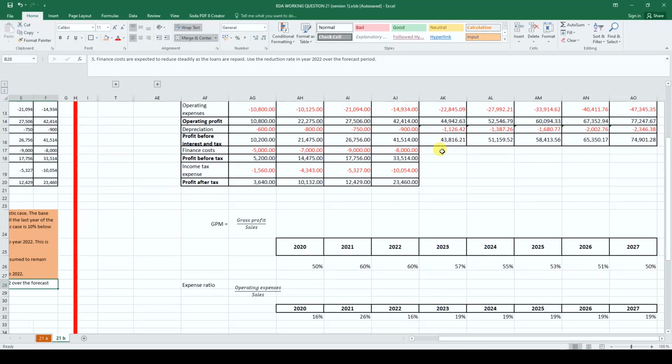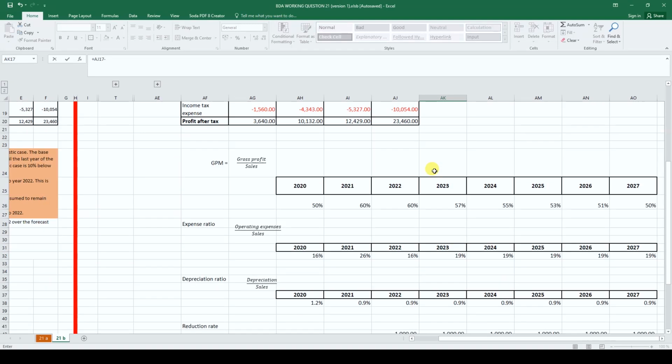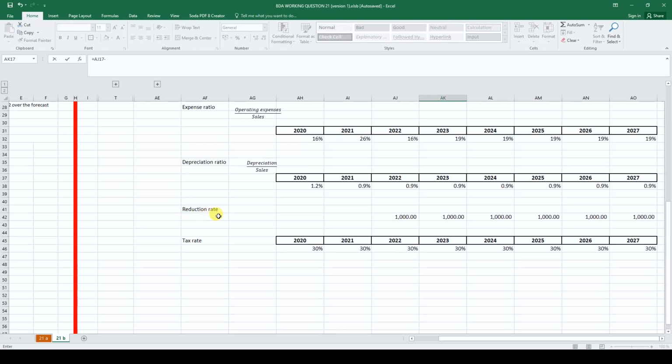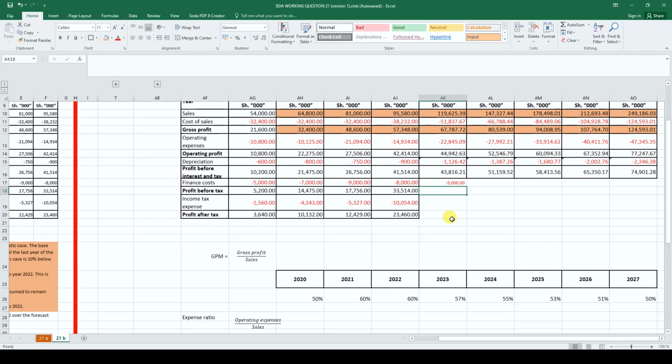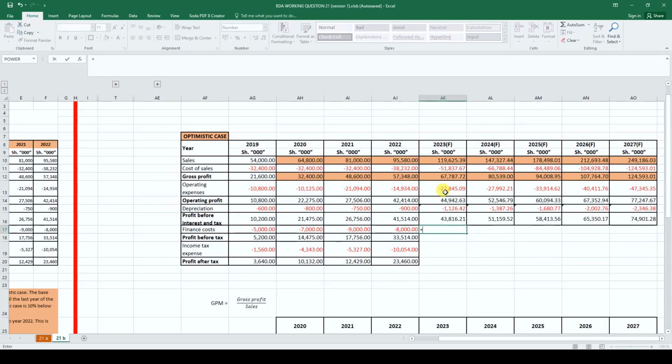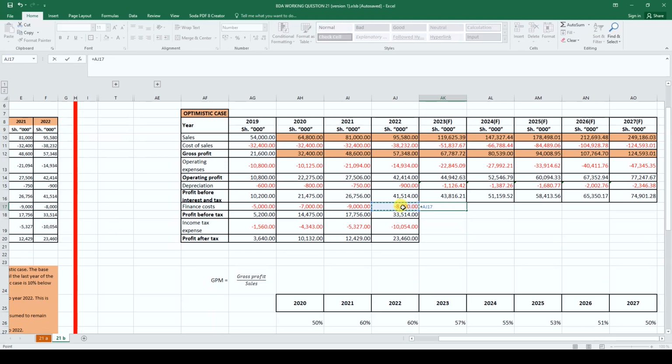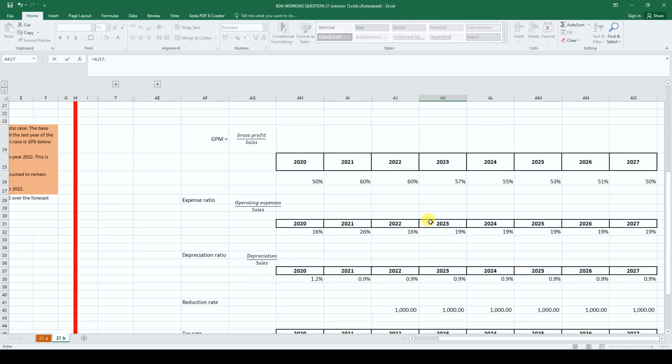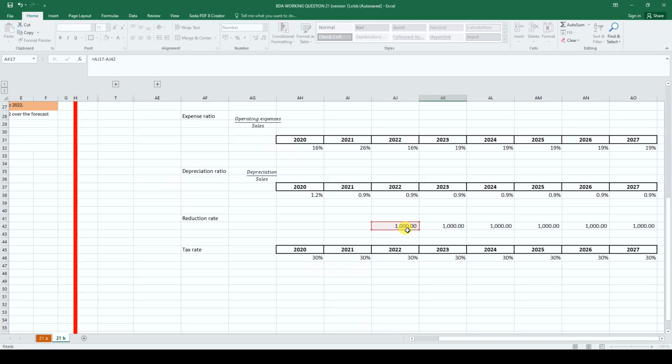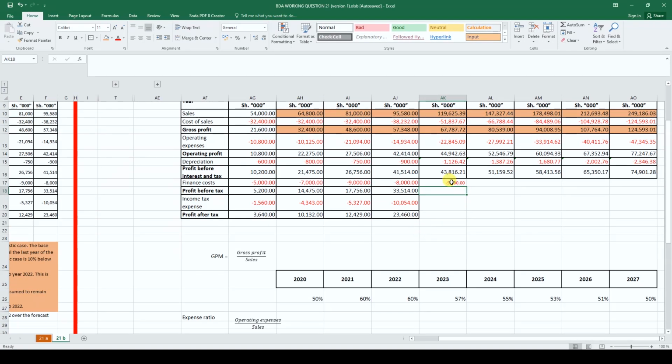So in a similar fashion, plus that one minus, this is the reduction rate. So 2023 there. Oops, it should be plus, this is 2023, that one plus that. I'm pressing minus or plus, sorry.